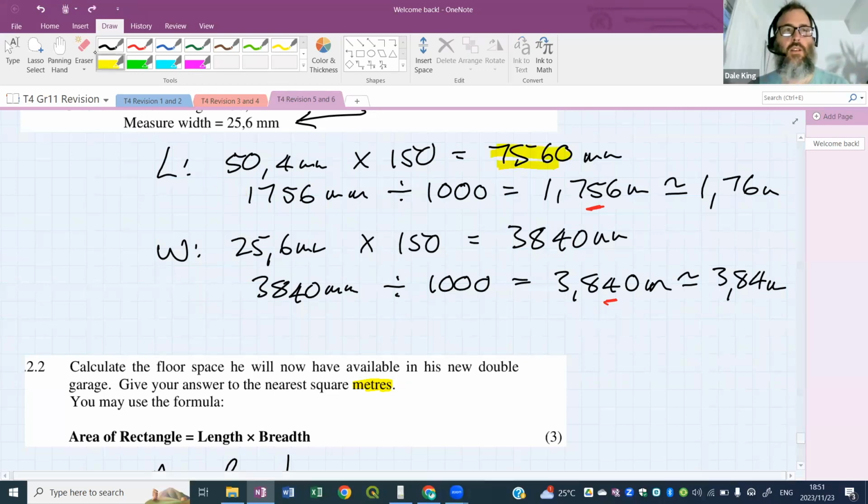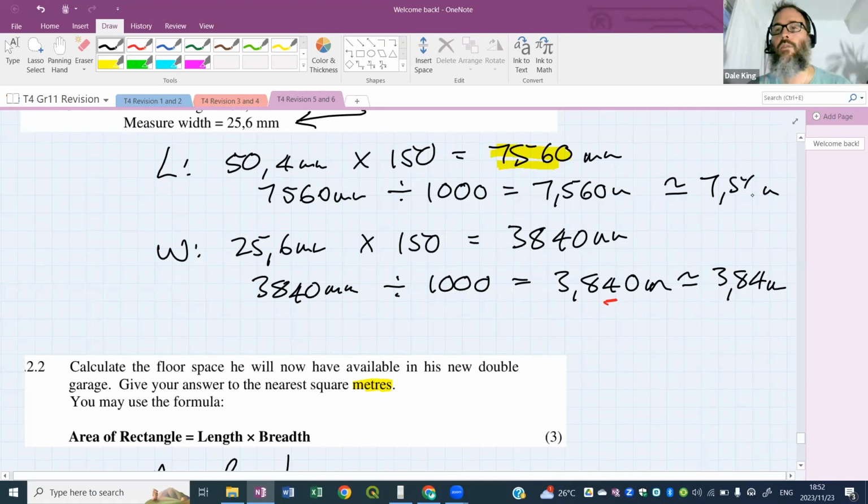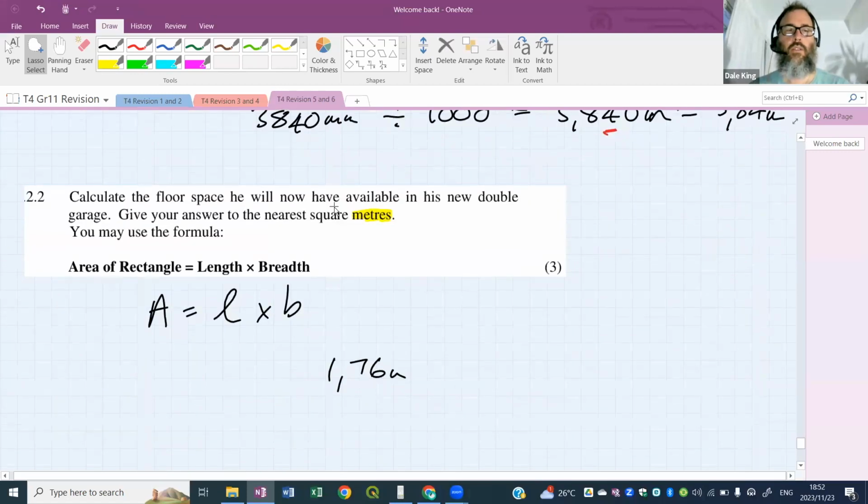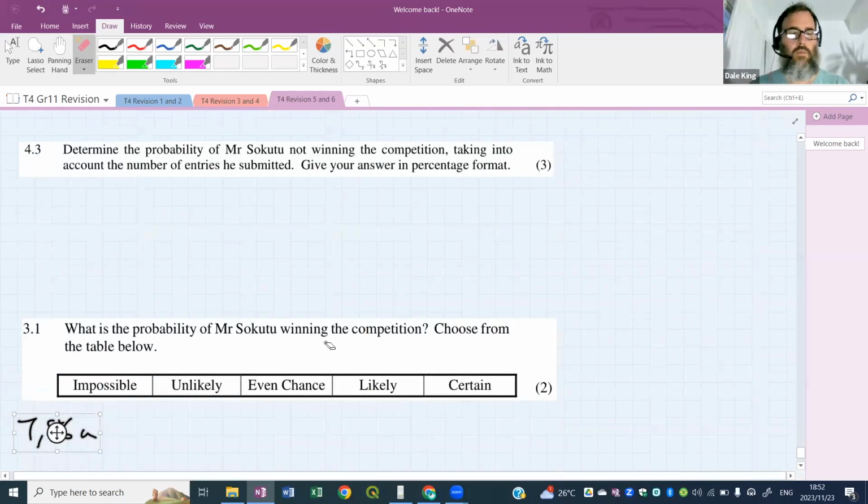That's my mistake. You see, all of a sudden our length became smaller than our breadth, which is not supposed to happen. So this needs to change to 7,560 meters, which is 7,56. There we go, that's better. Our length is supposed to be longer than our breadth. All right, this is better. Whoopsie.